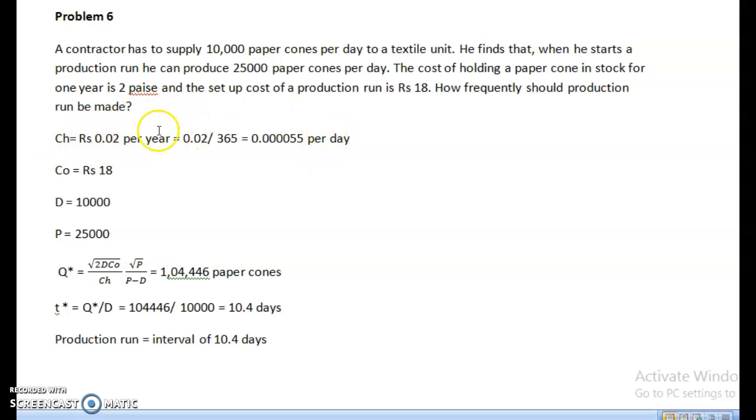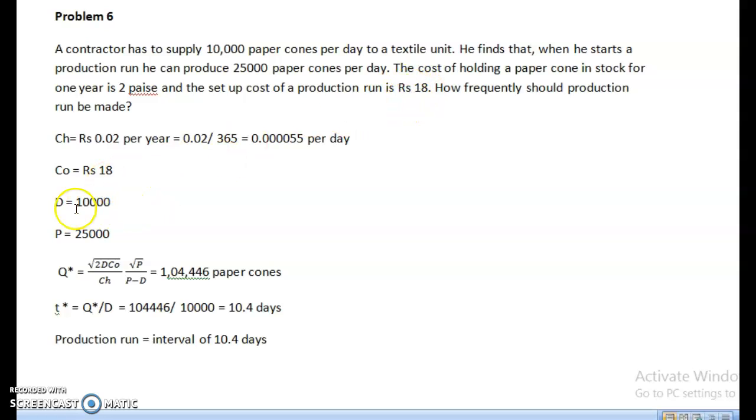If we divide the amount of 2 paise by 365, then we get 0.000055 rupees per day.